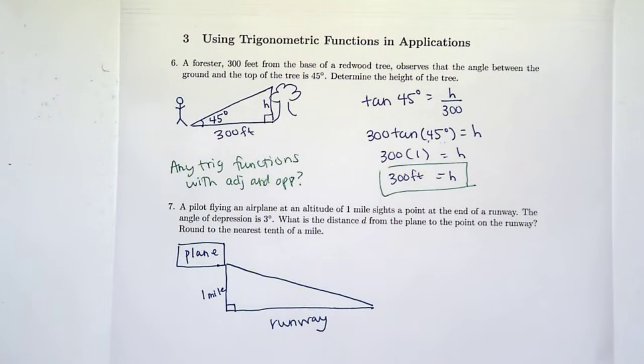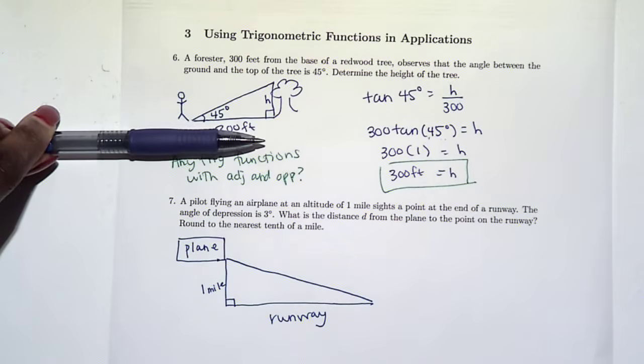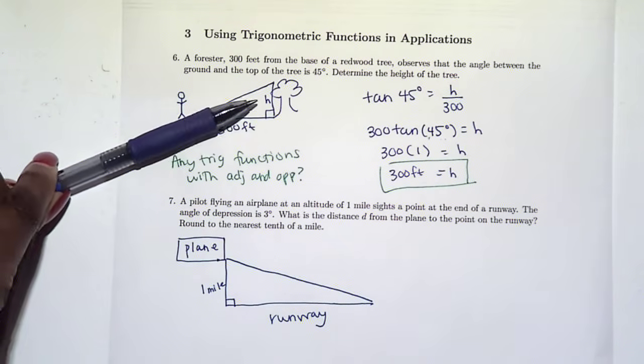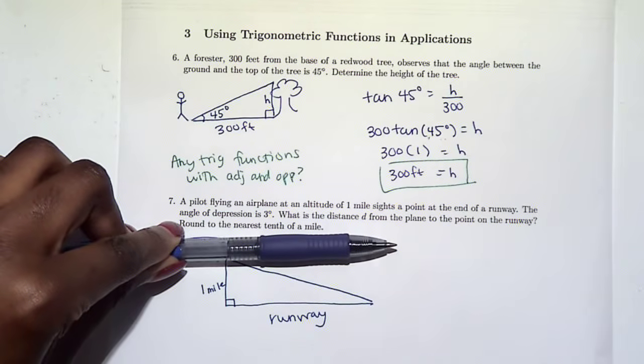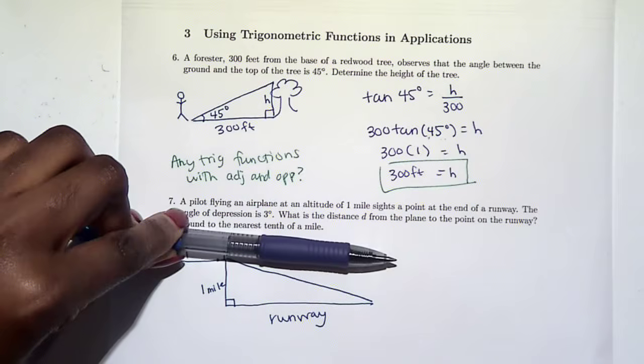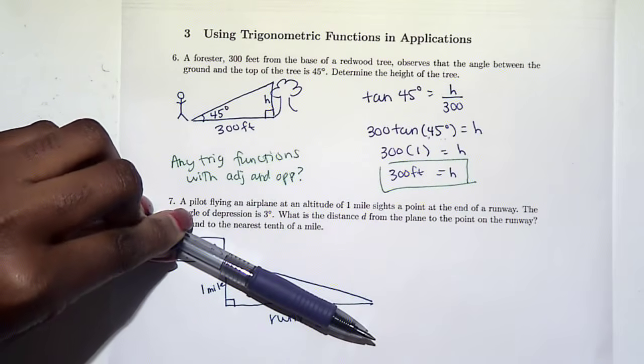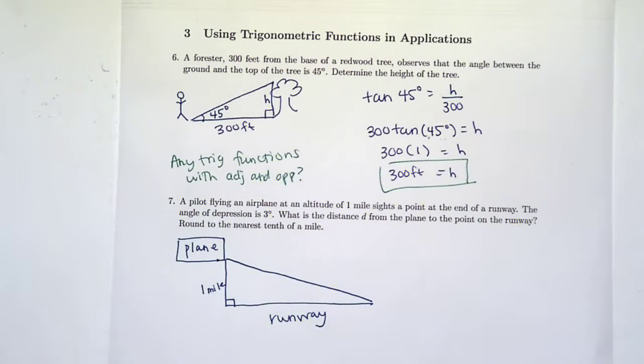Okay, so angle of depression can be tricky. With the previous problem, we had an angle of elevation because we go up to create our angle. But here, we're starting at the plane, and we want to look down to our runway. So that's going to be the angle of depression.